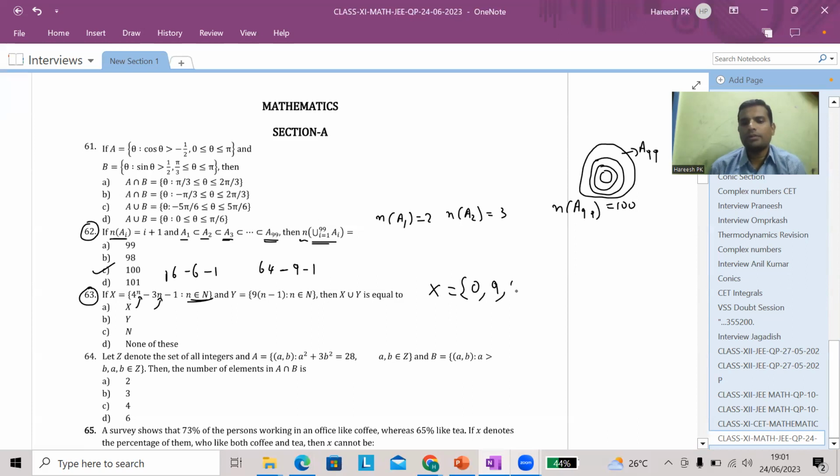So you'll get 54. Like this, it will go on. And set Y is nothing but multiples of 9, because it is 9 into something. So it will have 0, 9, 18, 27, and so on.